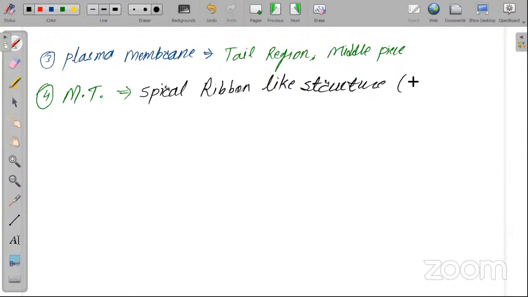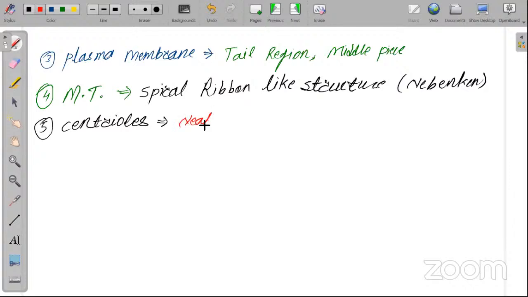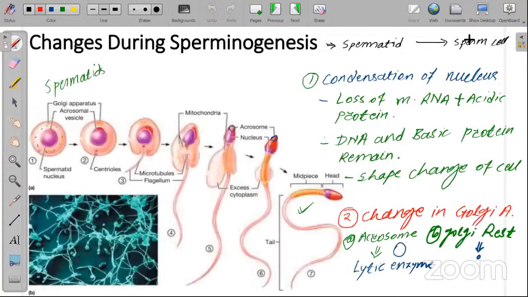Okay, and it is also known as Nebenkern. Next thing is the centrioles. Okay, this centriole is situated in the neck region, or we can say middle piece region, also known as neck region. So these are the changes that happen when the spermatid is converted into a sperm cell.